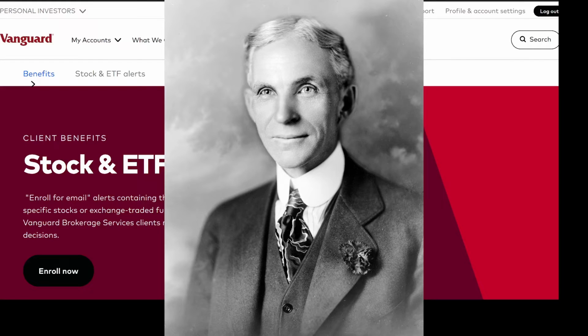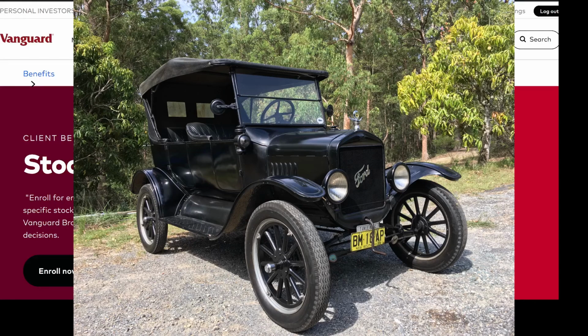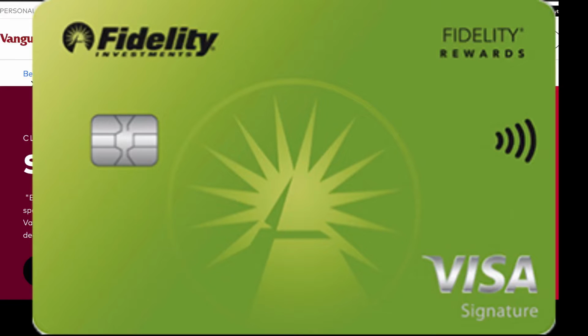But Vanguard to me is like Henry Ford and the Model T. It's been there a long time, and it set the standard. But now things have evolved, and Vanguard is like Henry Ford, and they don't want to change their model. They're stuck with the old ways. They haven't moved on. They don't have the features that Fidelity and Schwab have.